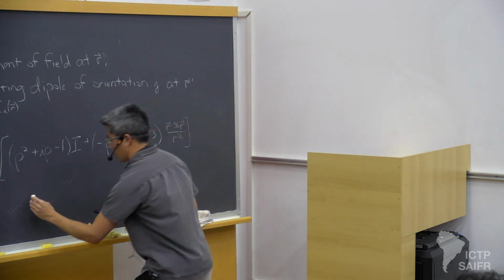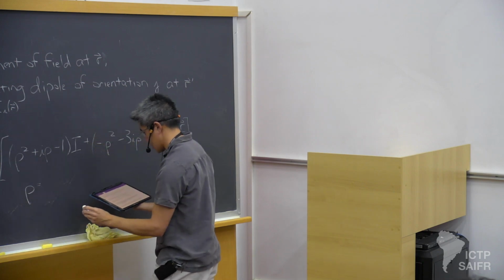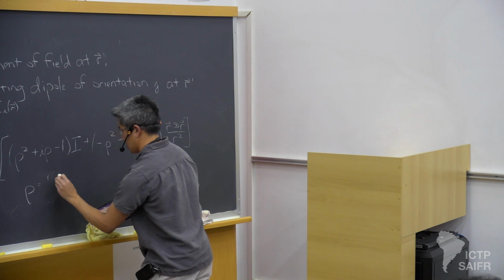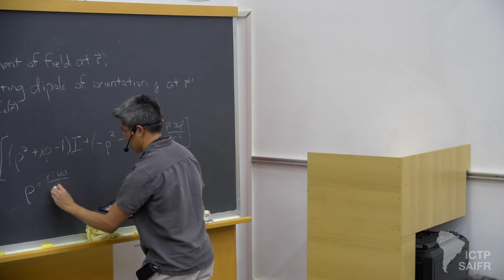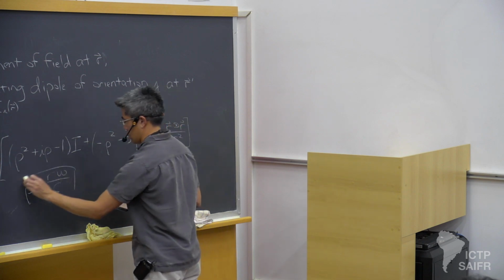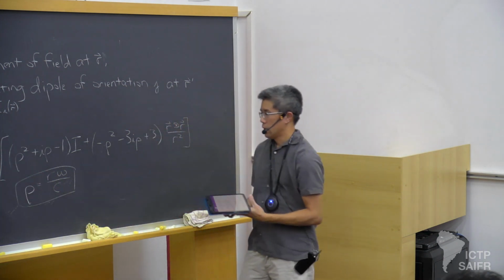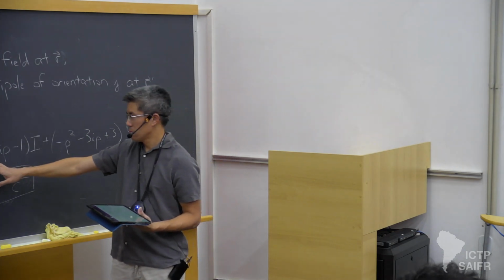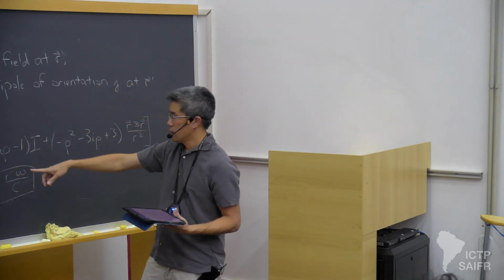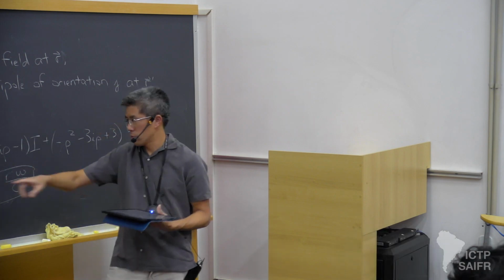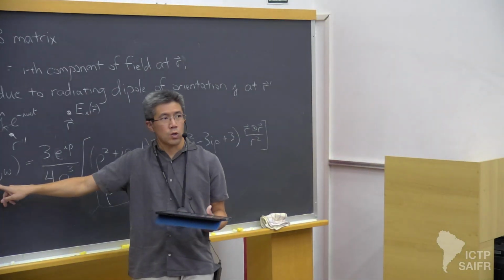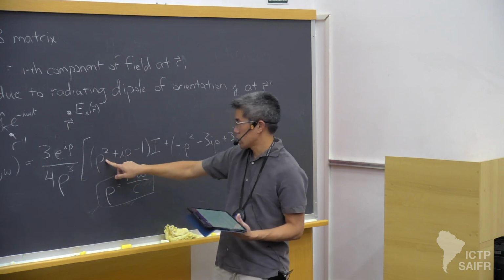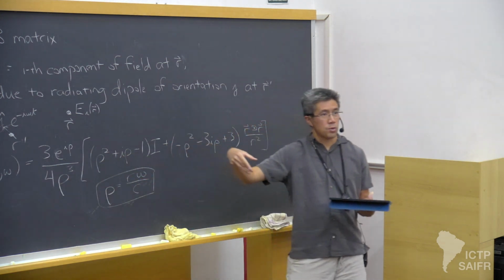Here I define rho as a dimensionless distance, so it's r times frequency divided by speed of light. Again, the particular form doesn't really matter, but you'll notice that it contains stuff that you're familiar with. For example, when rho is very large, so when I'm at a far distance from my source at the origin, the leading term, since there's a 1 over rho cubed here and a rho squared here, is 1 over r.